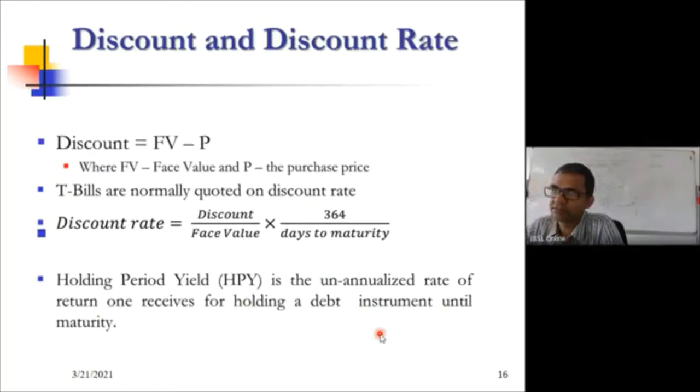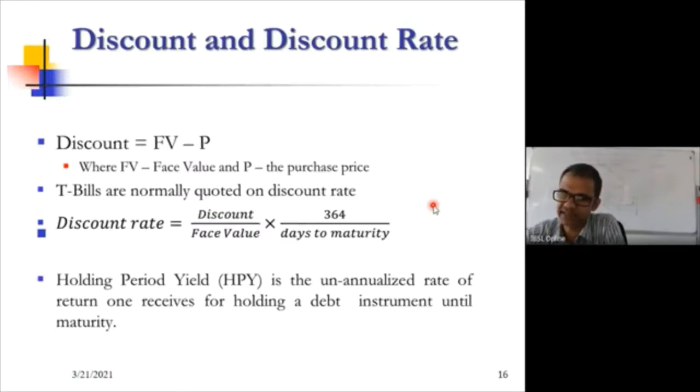So now we'll come into pricing of treasury bills. The first one is discount. As I mentioned, here face value. Face value is the amount that you are going to receive on the maturity date. Face value is the amount the government agrees to pay on the maturity date.